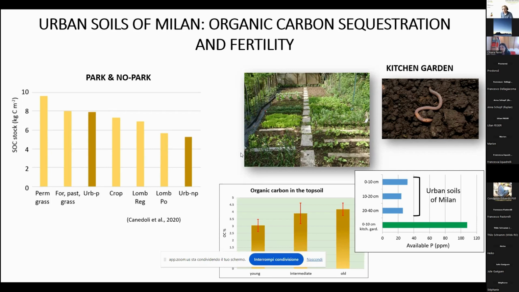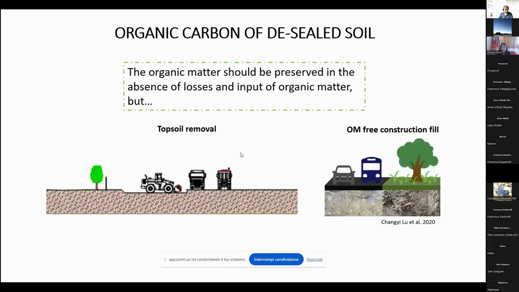And also soils of kitchen gardens are very fertile, rich in organic carbon and rich in available phosphorus that is important for plants. And so there are soils in urban areas with high organic carbon and others with low organic carbon.